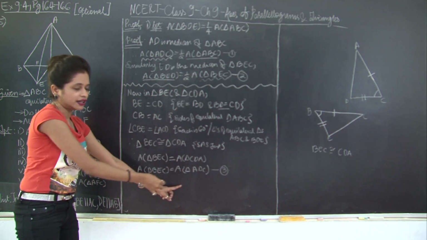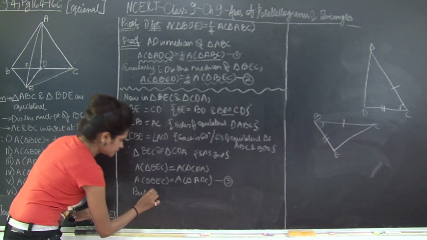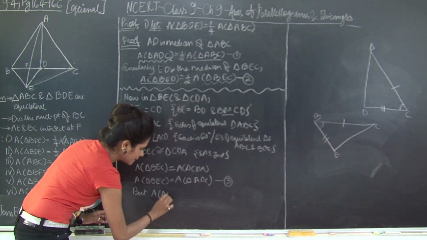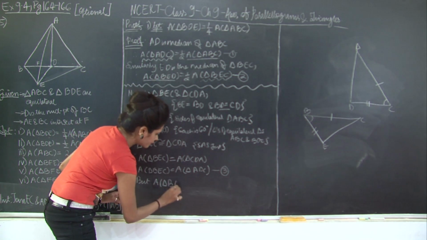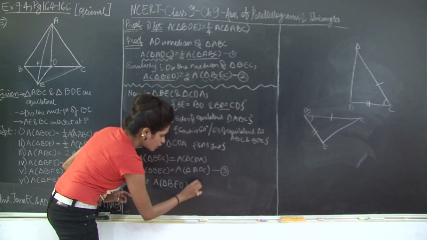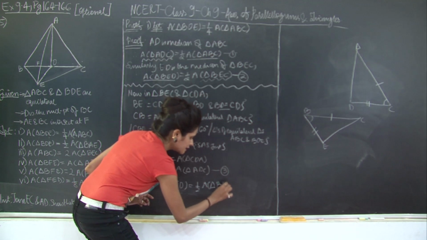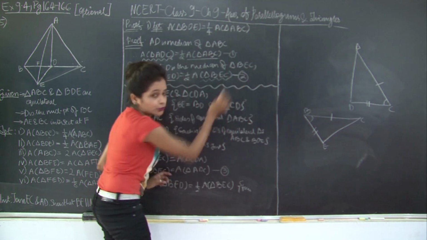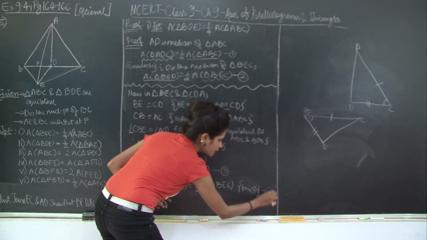So from 2 and 3 I will say, but area of triangle BED is equal to half area of triangle BEC, right? I'll say from 2, correct? Let's mark this as 4.